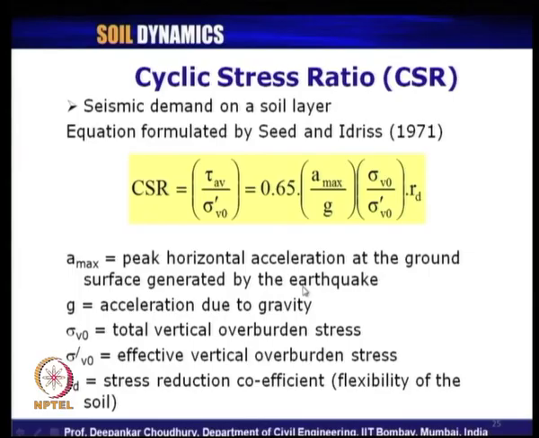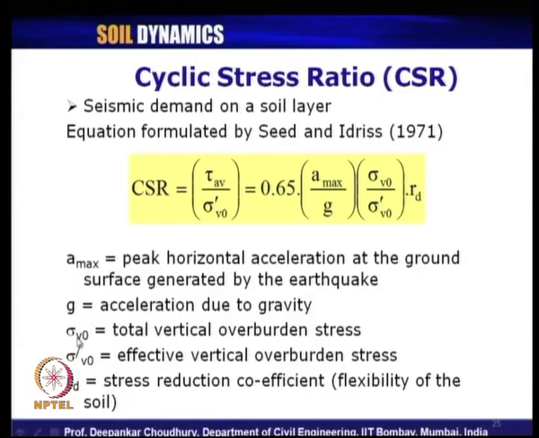You have your seismogram, you have measured your distribution of acceleration pattern with respect to time, from which you can find out the maximum or peak value. That is nothing but our A max. Suppose it can be 0.3 g or 0.2 g like that, where g is acceleration due to gravity. So, A max by g is essentially giving you the coefficient of peak horizontal acceleration. That number, 0.2 or 0.3, will come without any unit.